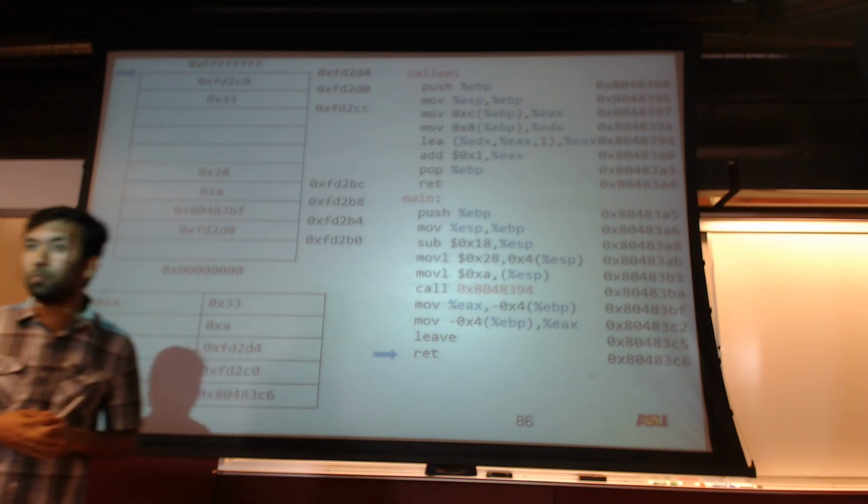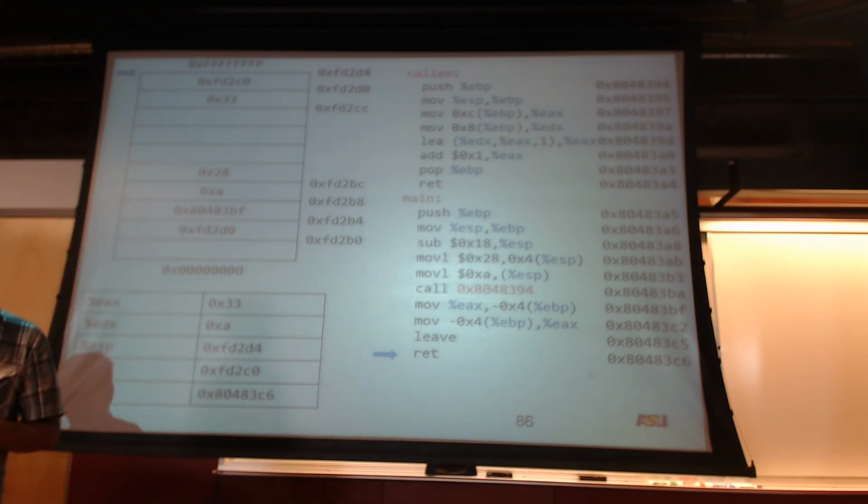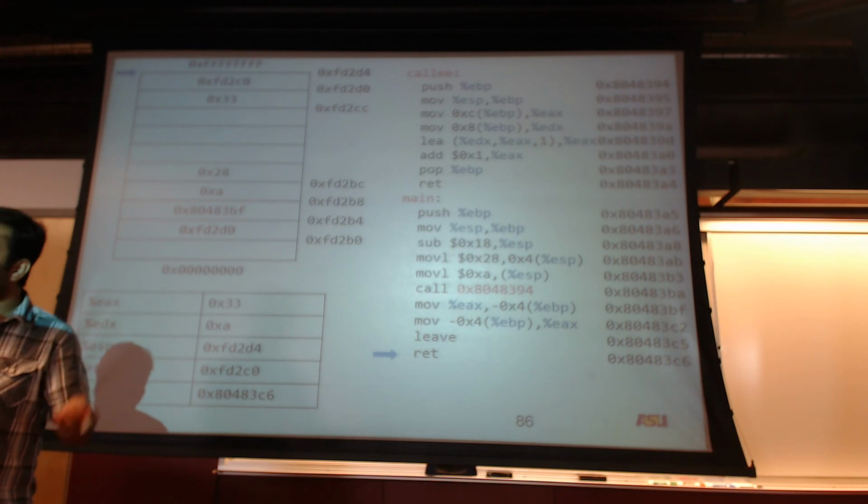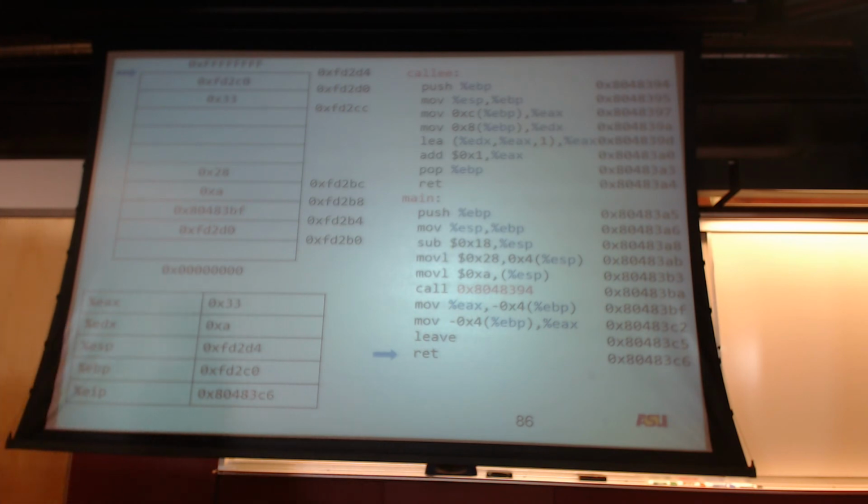The second thing callee knows is that callee itself has pushed the frame pointer into the stack. So callee knows that now the top of the stack has the frame pointer, and the next item in the stack has the instruction pointer. After that, whatever is in the stack is my arguments.